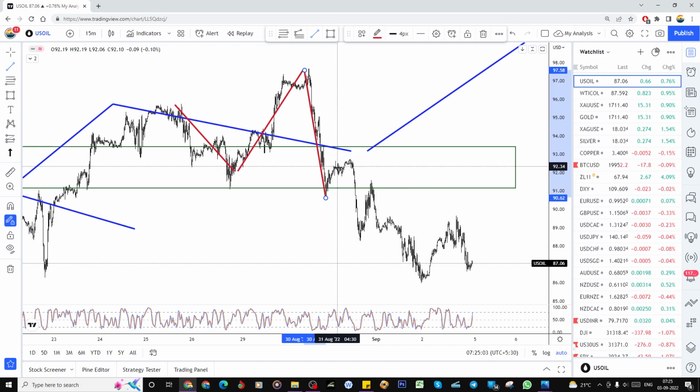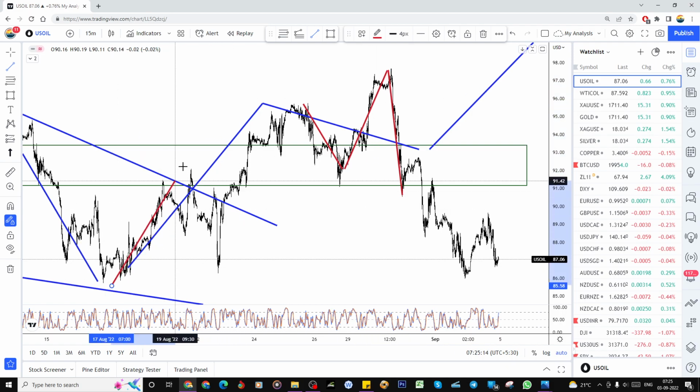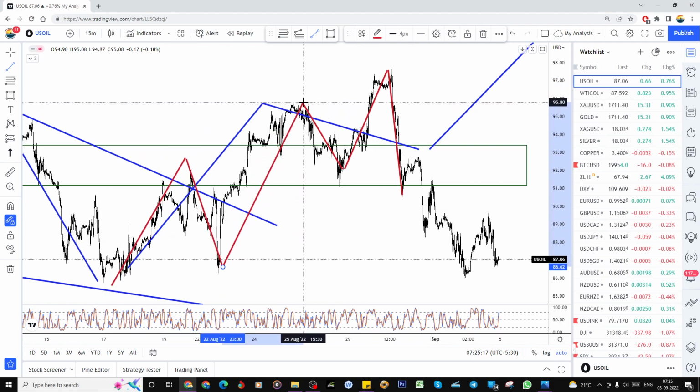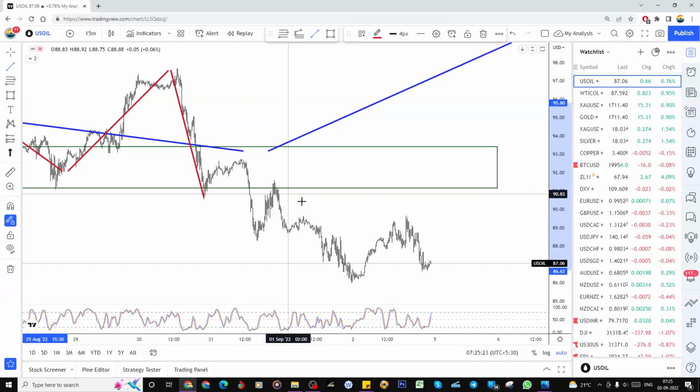So it bounced, and the bounce is not fully satisfying for me, and then again I exited my positions when it got rejected here. Later on I also took this as a 5-way structure, 1, 2, 3, 4, 5. So I'm looking for the 3-way structure, and here there is a little bit of confusion for me.